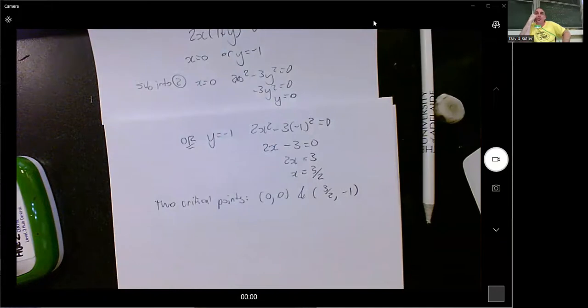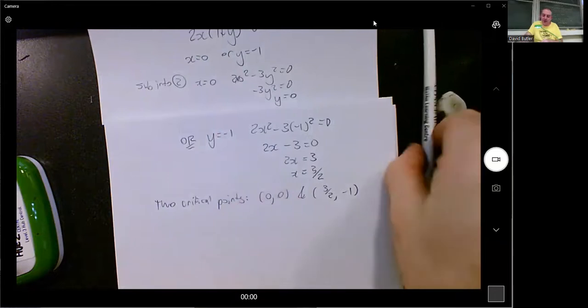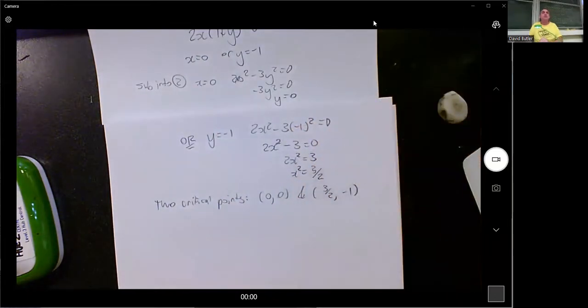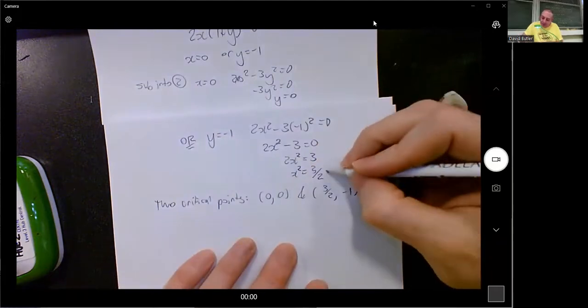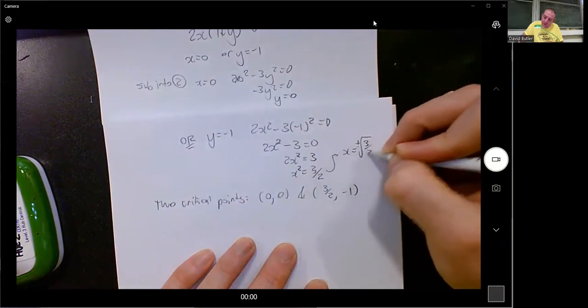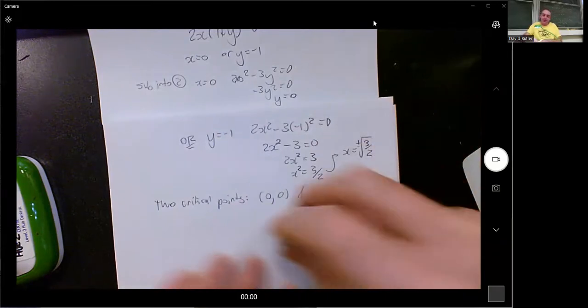But sometimes it's more complicated than that. Sometimes, oh, that's an x squared. Damn it, David, what are you doing? All right, sorry about that. So the x is actually plus or minus the square root of 3 on 2. And so I get 3 critical points, actually.